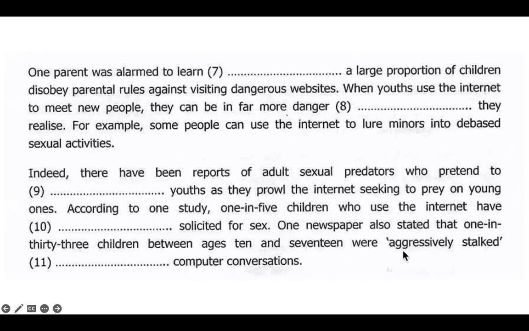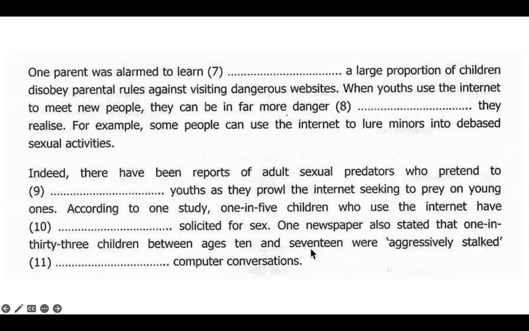Now here I want you to see exactly how this is coming in. Let's start from here. One newspaper also stated that 1 in 33 children between the ages of 10 and 17 were aggressively stalked dash computer conversations. Were aggressively stalked.